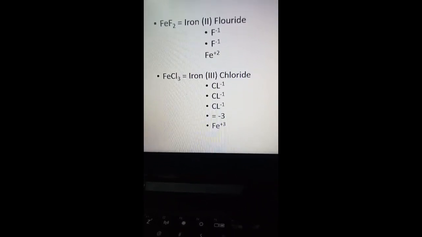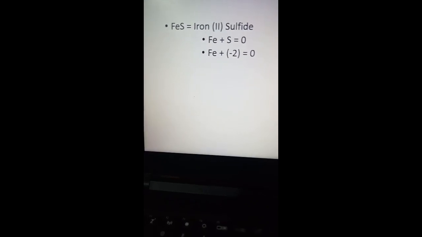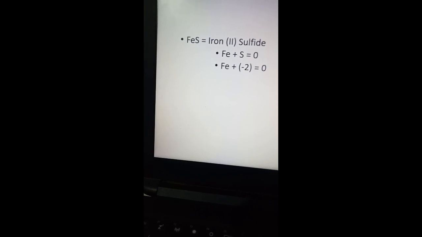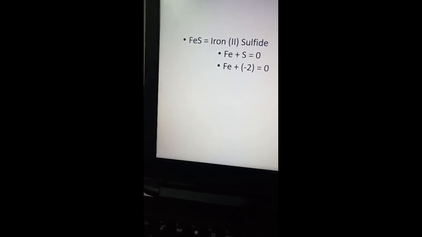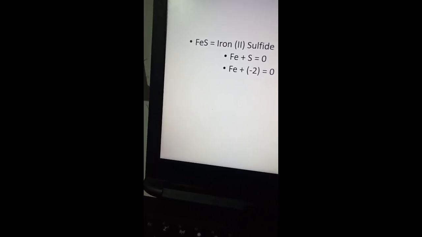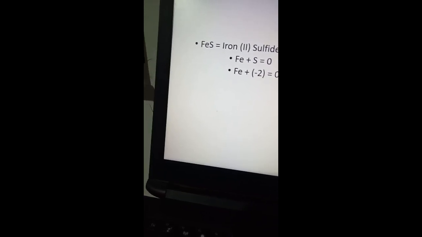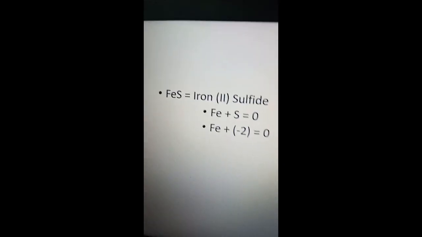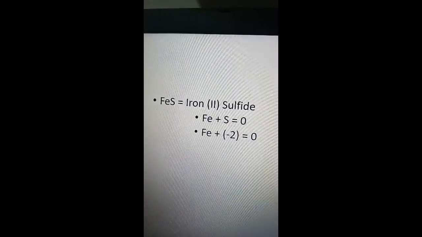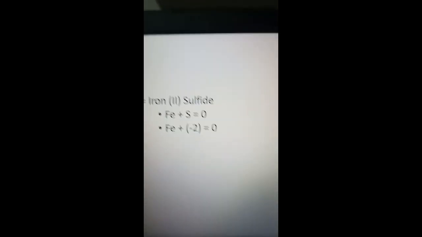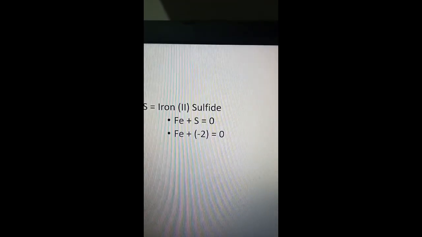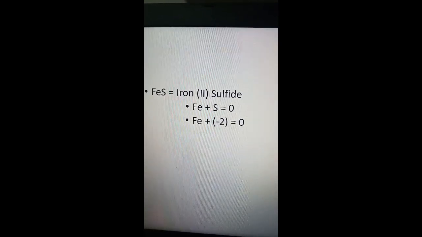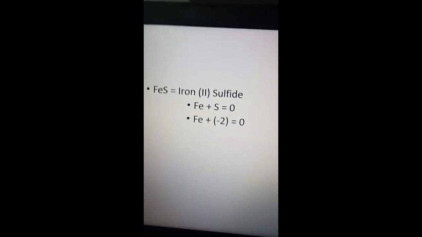Now let's move further. Here we have FeS, or iron(II) sulfide. So why iron(II)? Because sulfur has an oxidation charge of -2, so we need iron with a +2 oxidation charge in order to neutralize the sulfur.